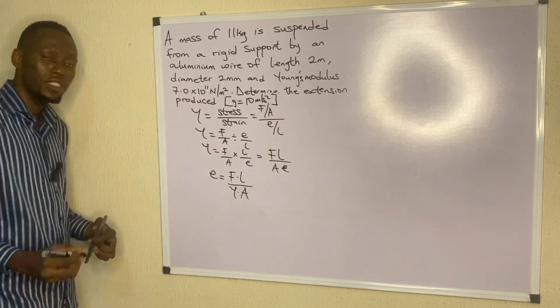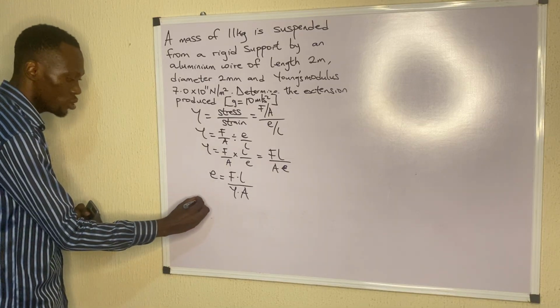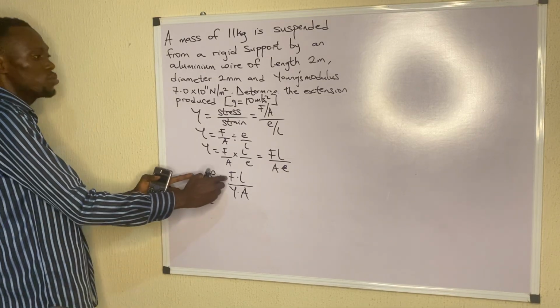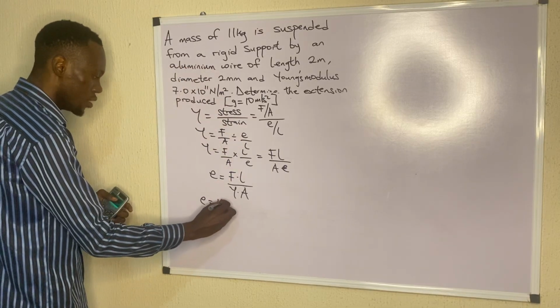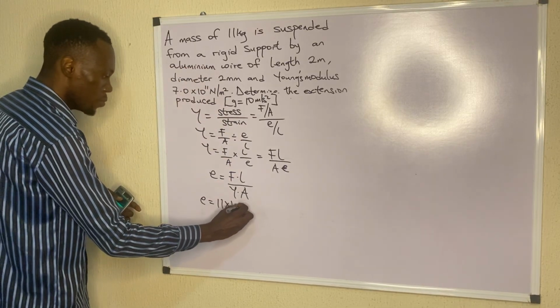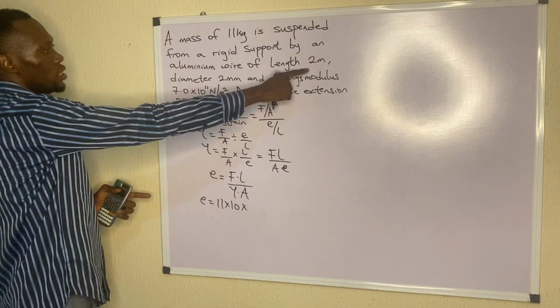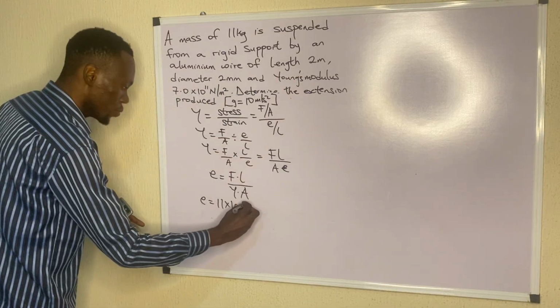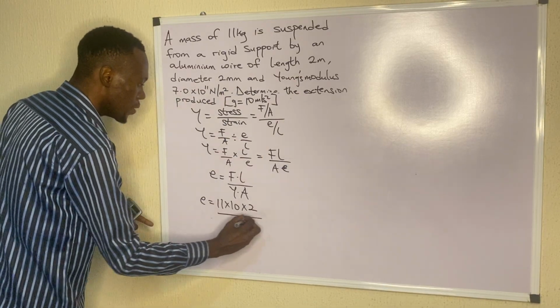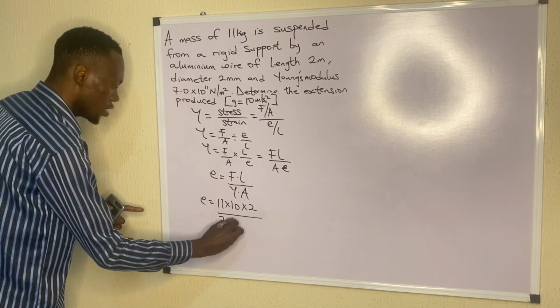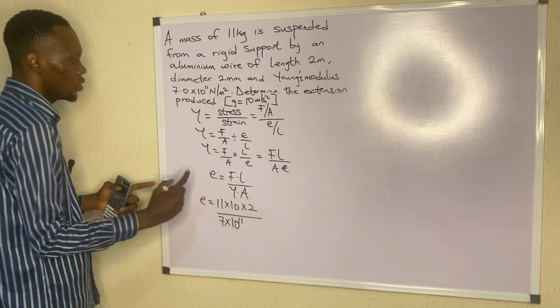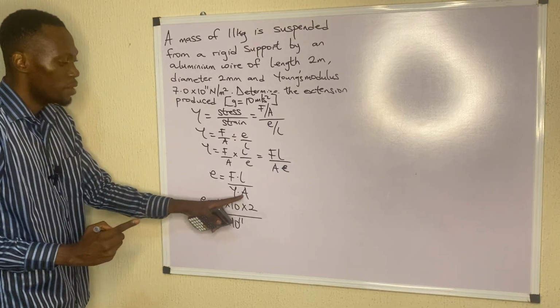Okay, after adding that, the extension produced will be force, which is mass times acceleration, which gives me 11 times 10, multiplied by the length of the aluminium wire, which is 2, divided by my Young modulus, which is 7 times 10 raised to the power of 11, multiplied by my area.